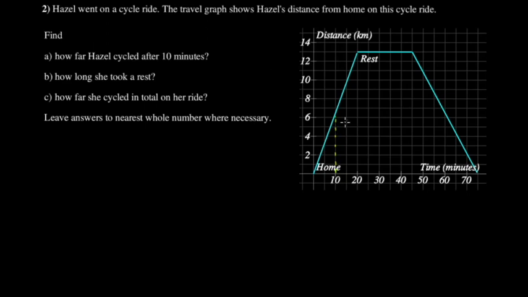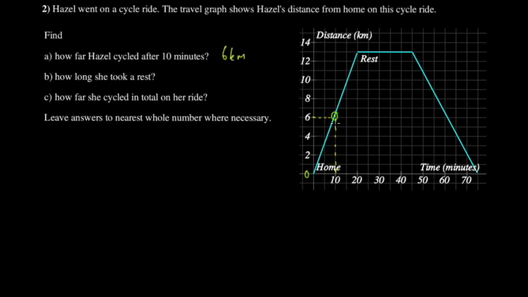Okay, so you have to identify here what's the change in the distance. So she's starting from your home, which is the 0 point. We know this just because the gradation is in twos. Okay, so if this one is 2, 4, 6, so this one must be 0. Okay, because it's the same length here. So she has traveled 6 kilometers here.